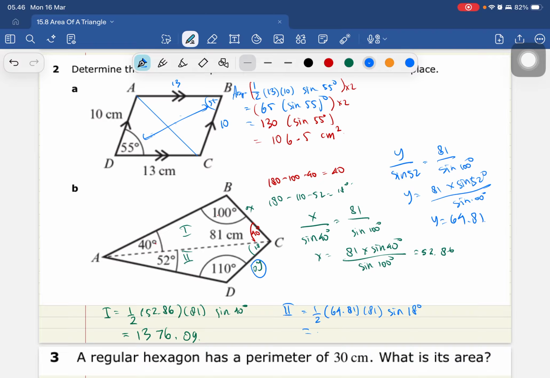So it's going to be 811.10. We can just add these two numbers. So the area equals 1376.09 plus 811.10, and the total area is 2187.20.